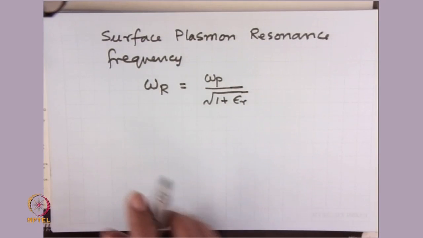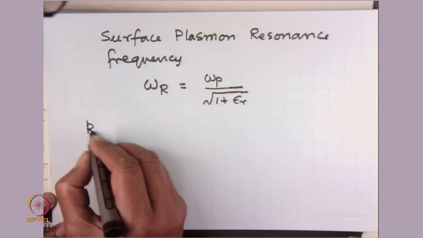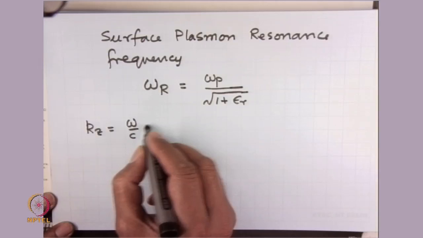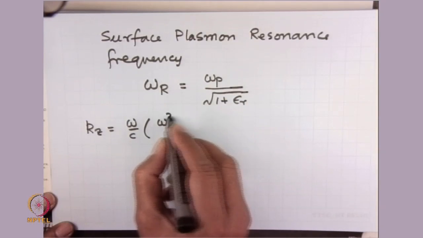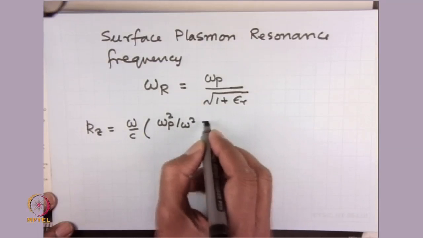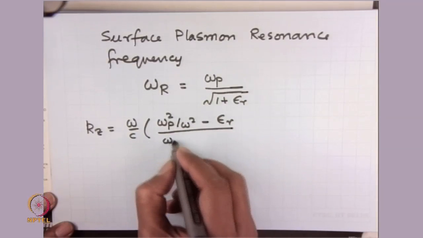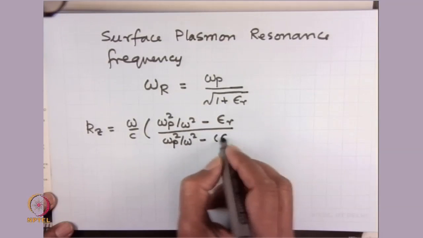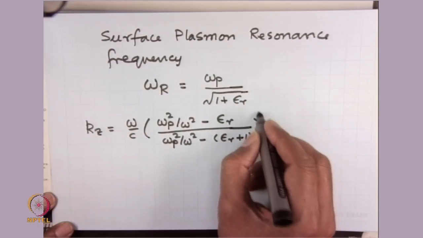If I plot kz versus omega using this expression, then please recognize kz I can explicitly write as omega by c, times omega p square upon omega square minus epsilon r, divided by omega p square upon omega square minus epsilon r plus 1, to the power half.